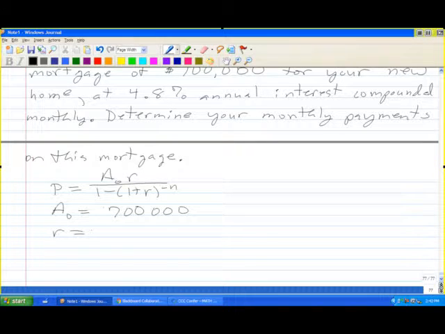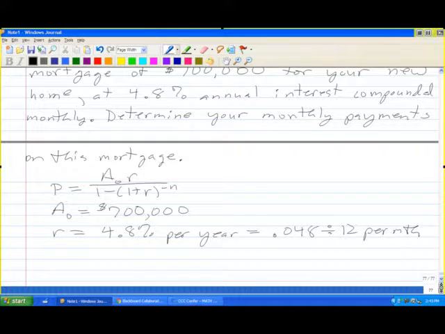Your interest rate is 4.8% per year, which is 0.048 divided by 12, and this will be per month.